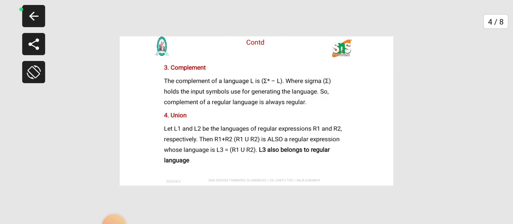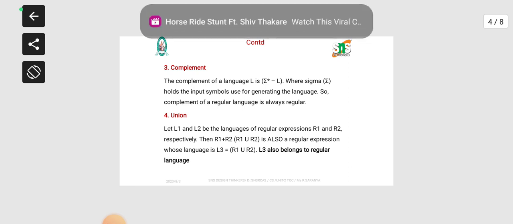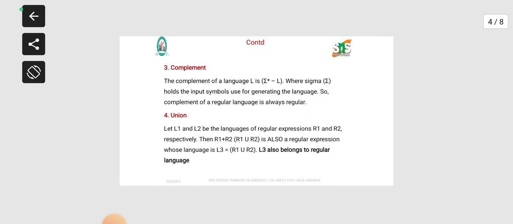Next, complement. The complement is also one kind of closure property in a regular language. The complement of the language L is sigma star minus L, where sigma holds the input symbols used for generating the language. So the complement of a regular language is always regular. Next important property is union.